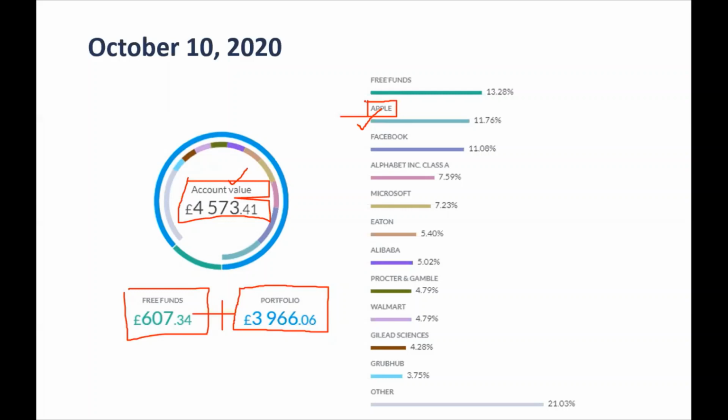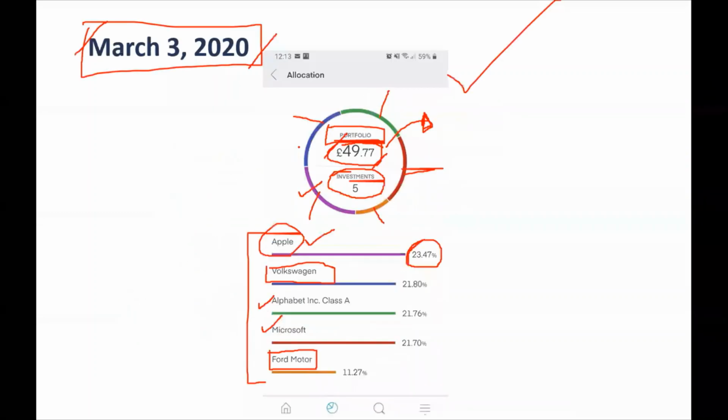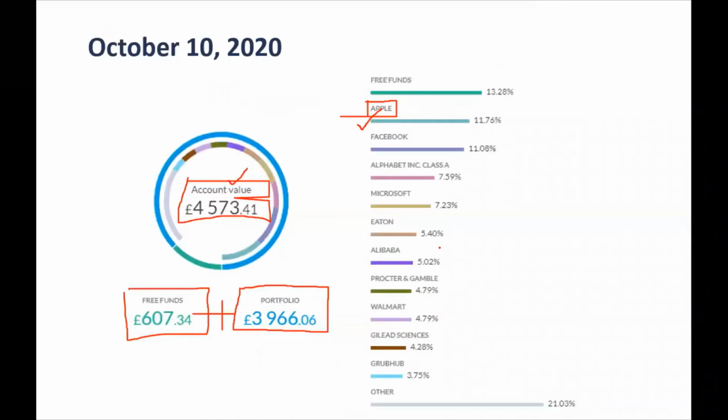Apple. Apple, I still have the highest exposure, but earlier it was around 23.5%. It has gone down to less than half of the earlier percentage. You see, less than half. Okay.